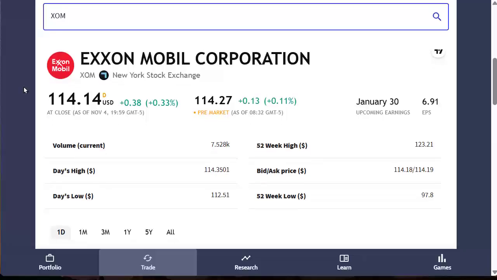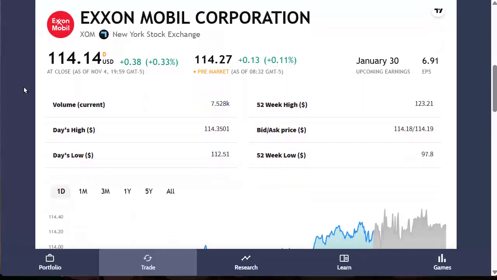Now, we're going to take a look at the moment yesterday at the close. It says at 4 o'clock yesterday, November 4th. I'm recording on November 5th. The last trade or the last purchase was $114.14 for a share or maybe many shares of ExxonMobil.